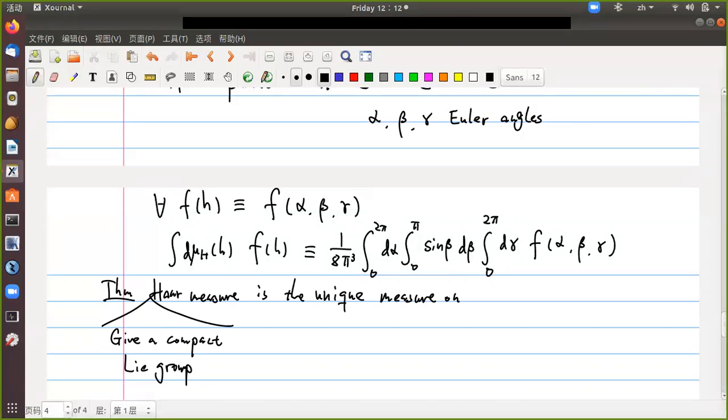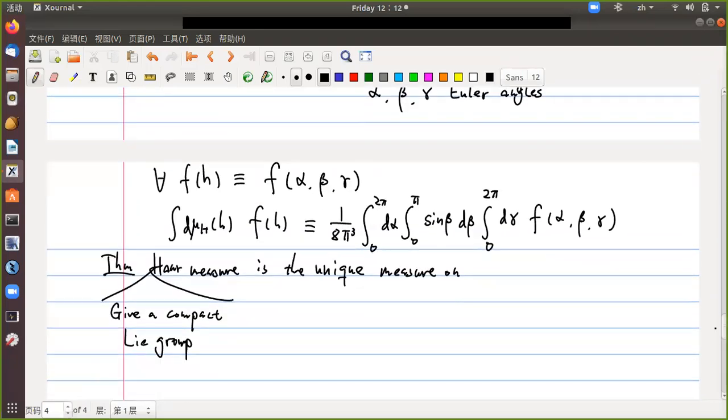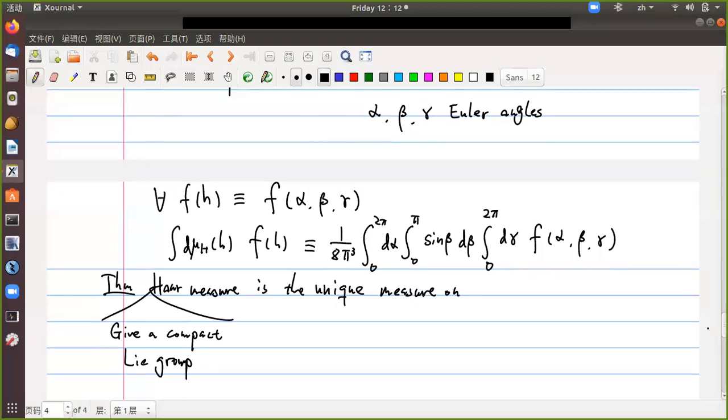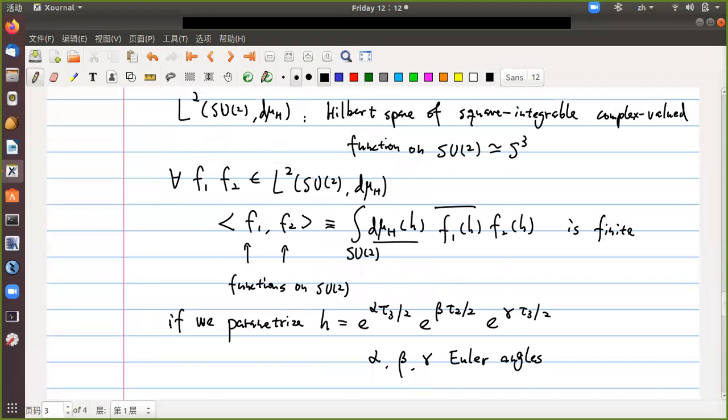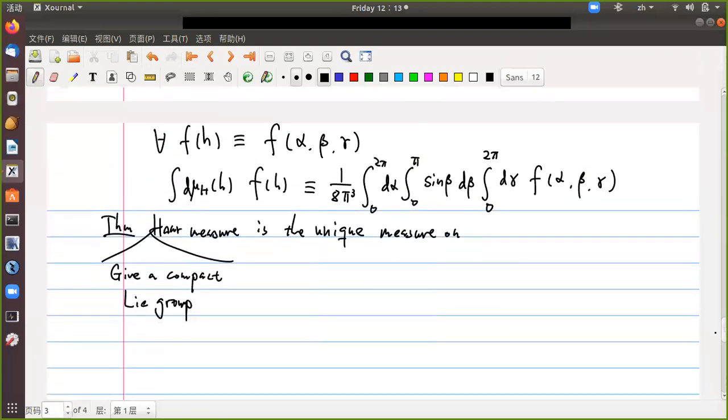In case the manifold of this Lie group is compact, it is called a compact Lie group, and this theorem is valid for compact Lie groups. For example, SU2 is a standard example of a compact Lie group because the manifold is a 3-sphere, a compact space.